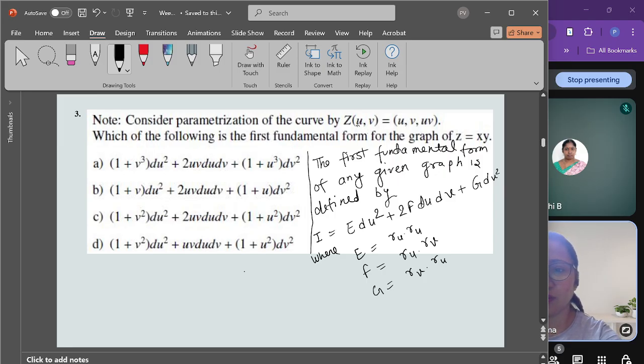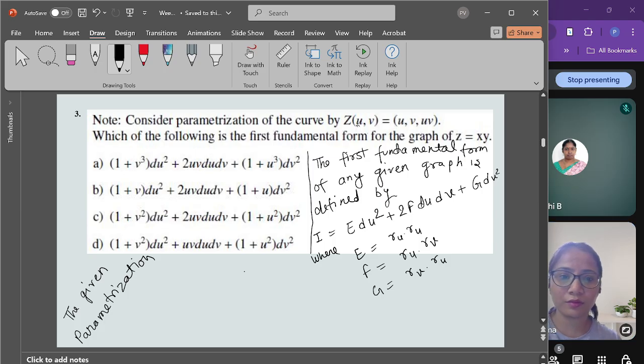So here is the given parameterization. Now you can find Ru and Rv. First, E is Ru dot Ru, the first derivative with respect to u.